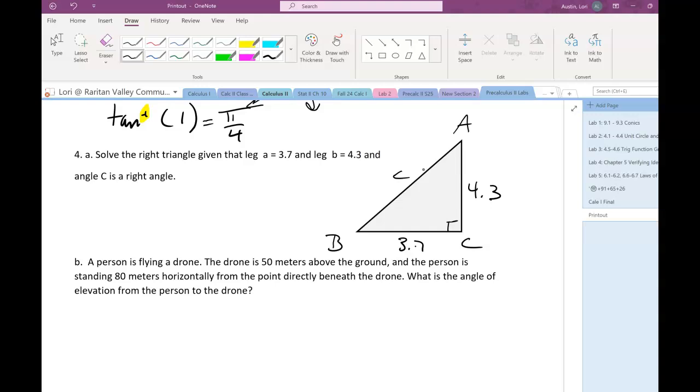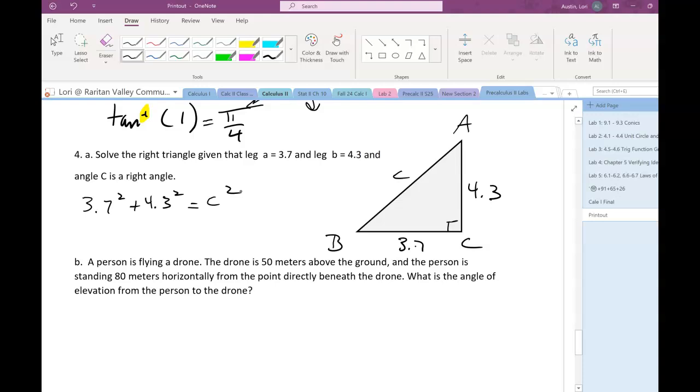You have to use everything you know to get this done. You can start with the right triangle. That's probably the easiest way to start, using the Pythagorean theorem, right? You know that 3.7 squared plus 4.3 squared equals C squared.